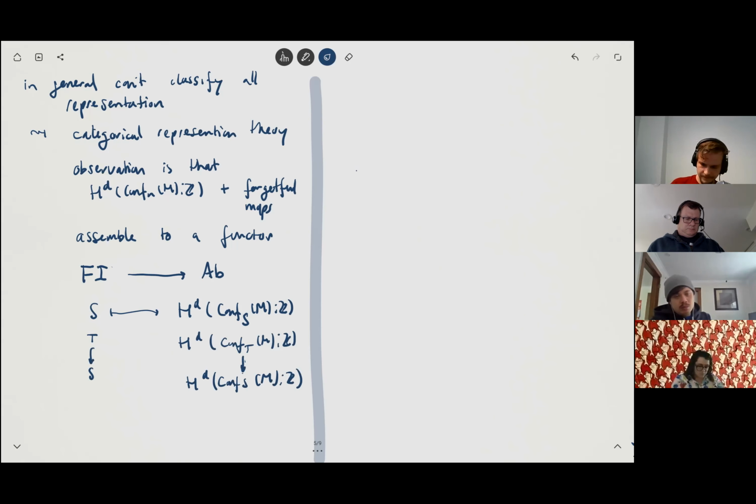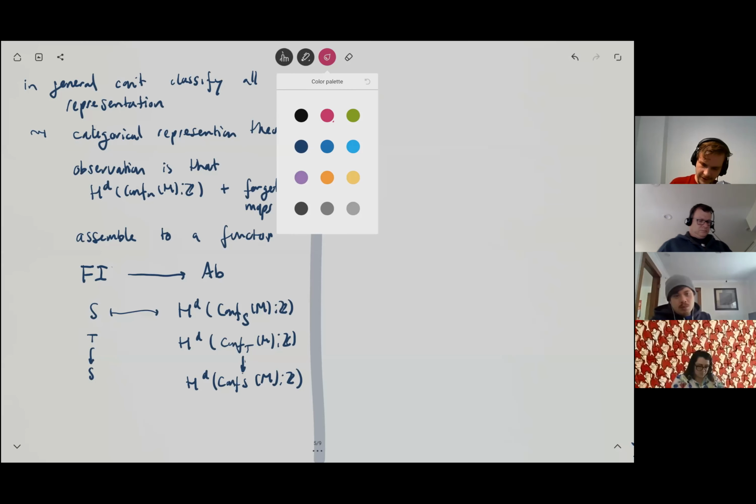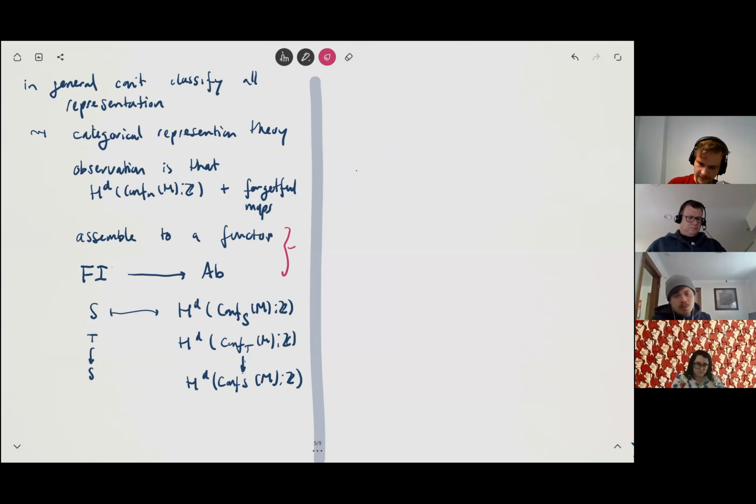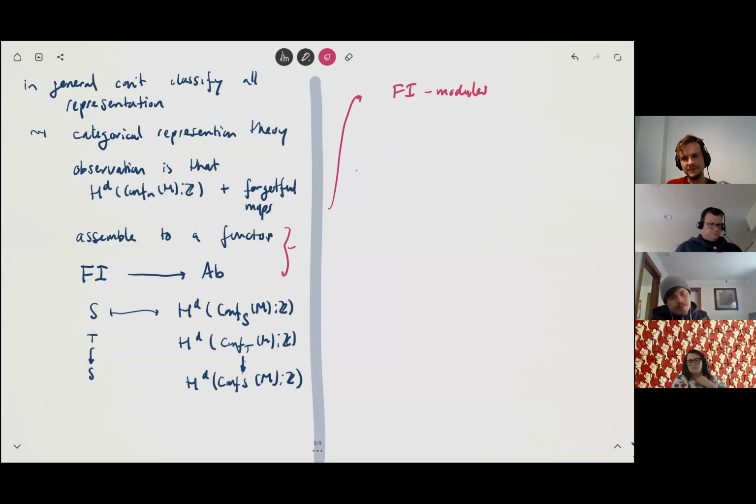Okay. So let's call these types of functors FI-modules. The idea being that in this case, there's a category of finite sets and injections that's replacing looking at each of the individual groups.